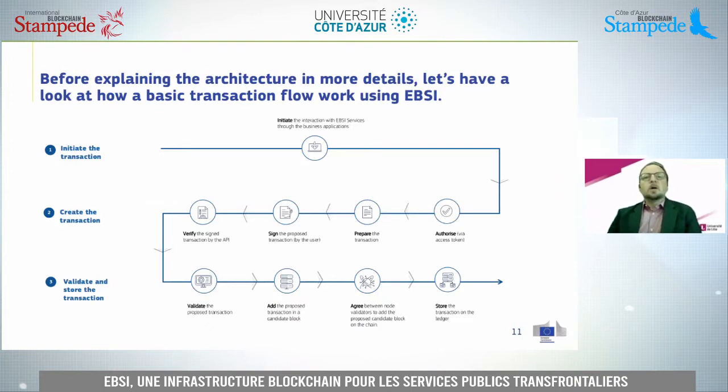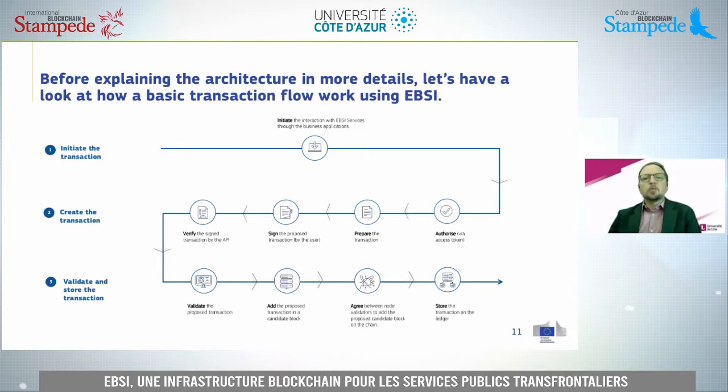So a little bit in detail, what kind of basic flow using EBSI? First, you initiate the transaction through a business application. Then you need to create the transaction, and this takes several steps. First, authorization via an access token. You need to be approved to write on the system.